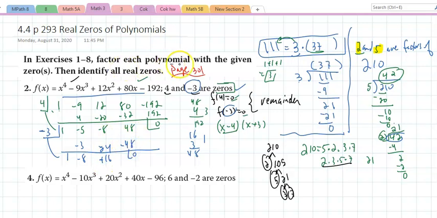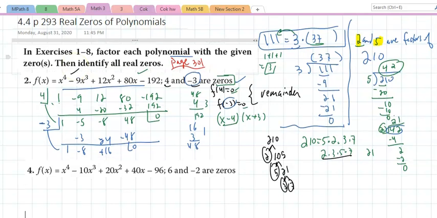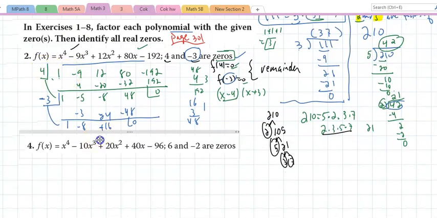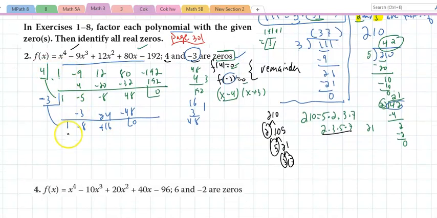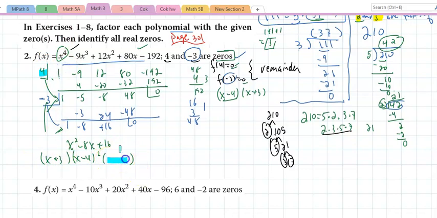What does it say? Factor each polynomial with the given zeros. Okay, well, let's see how this works. Do you know what that means? I have left. I start with x to the 4th. This is x cubed, and this is x squared minus 8x plus 16. Hey, I know to factor that. Times x, the opposite of that, times x, the opposite of that.